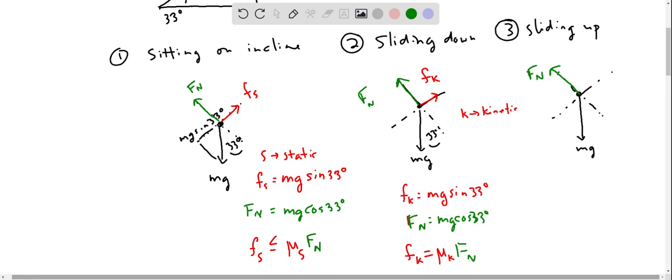But our kinetic friction is now going to point down the incline, because, and everything else stays the same, the magnitudes are the same. And what will change between these two pictures is not the equations, but the acceleration up the incline will be different.